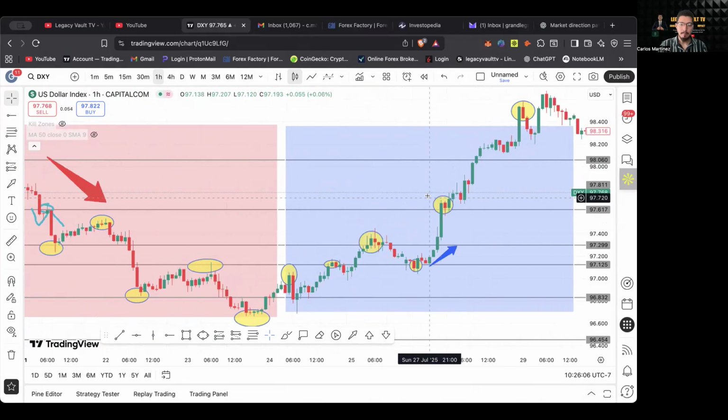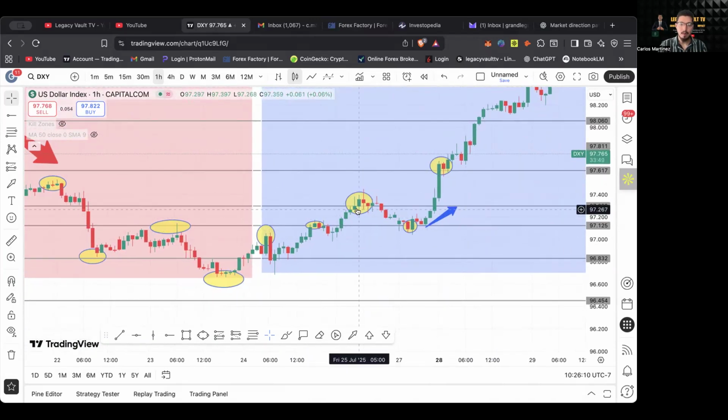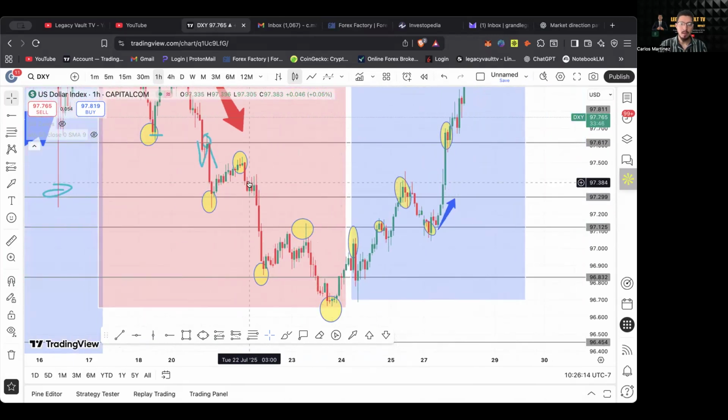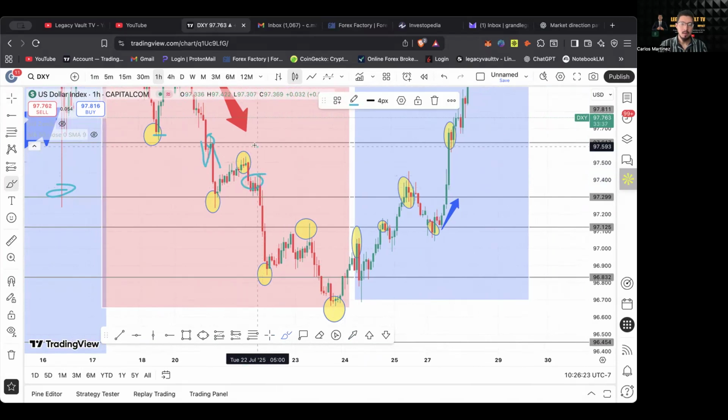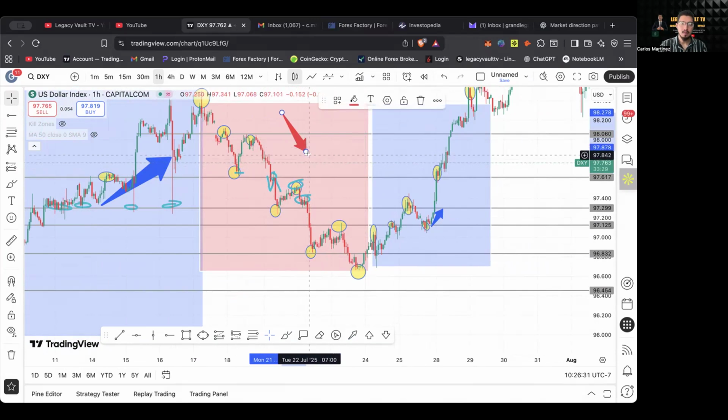And you see here, a break of structure happened. Okay, well, where do we see potential liquidity? We see liquidity here, here, here. We see liquidity here.